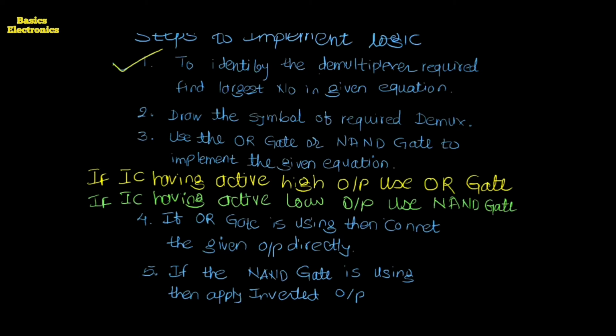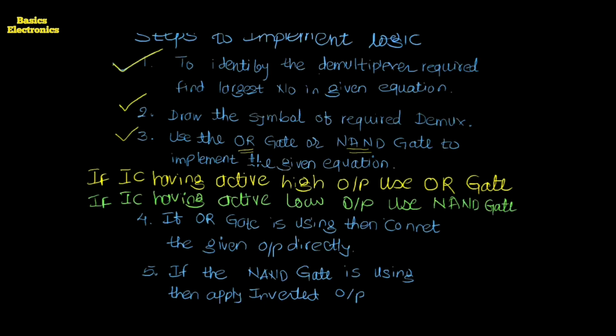After that, we draw the symbol of that particular demultiplexer which we are using. Then third, we use the OR gate or the NAND gate. Keep in mind the two gates we are using. Either we use the OR gate or we use the NAND gate to implement the given logical equation.